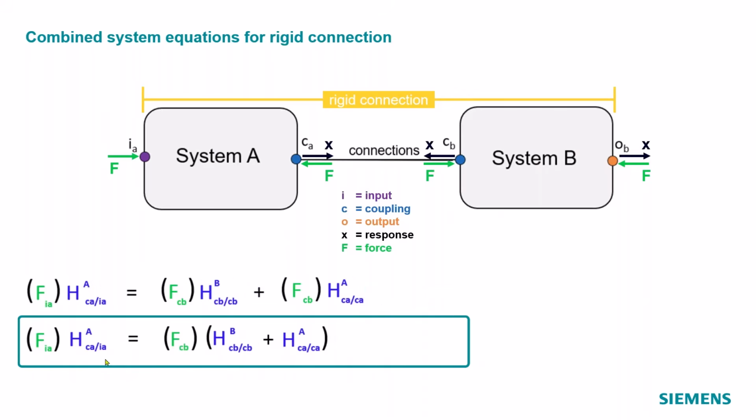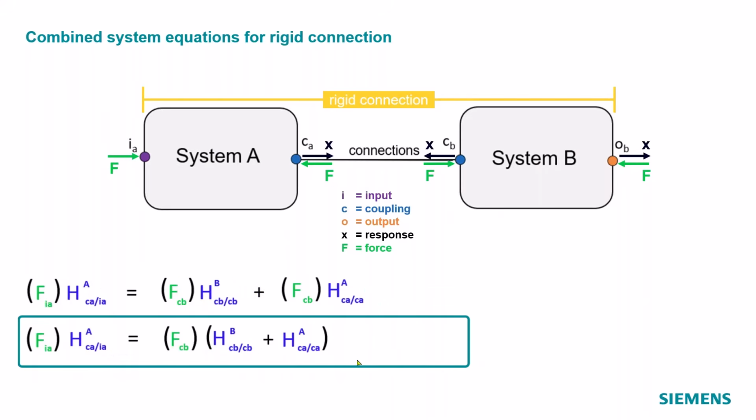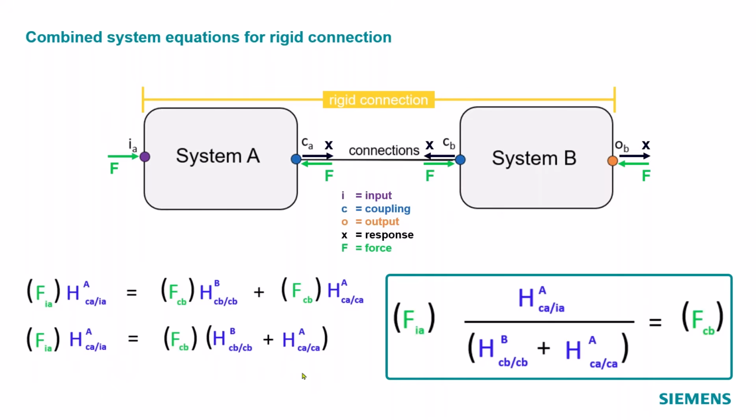I've just shrunk the font size there because I want to do some more work over here. So nothing has changed in this step here. I'm just going to rearrange this a little bit, and I'm going to take this term right here and move it over here to isolate F sub CB, which is what I show right in here. And I've put a red box around this because this is a pretty significant waypoint on our journey.